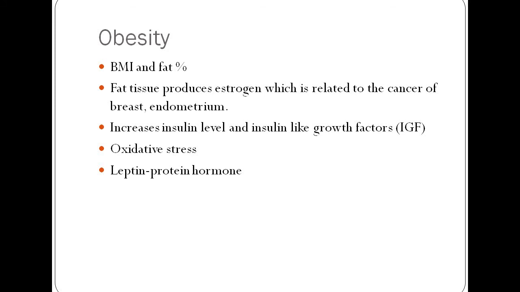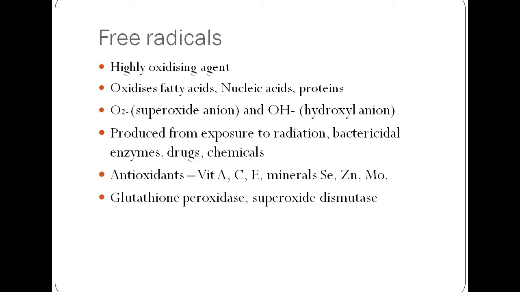The insulin level will also be affected if the person is obese, and it also results in oxidative stress. In obese persons with cancer, there is expression of a particular hormone which is proteinaceous in nature, called LET. Most of the hormones in our system are steroid in nature, but this particular hormone is proteinaceous in nature.